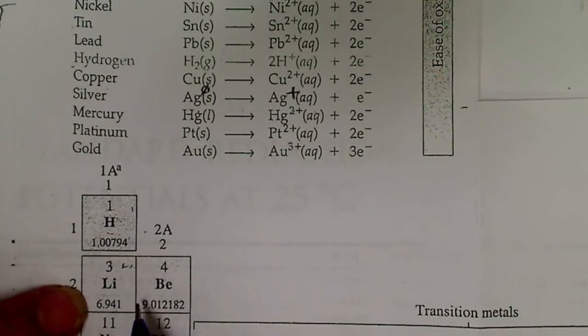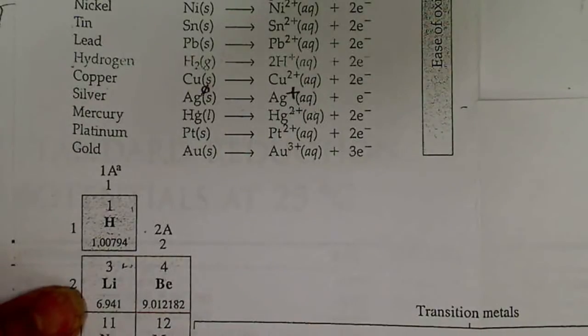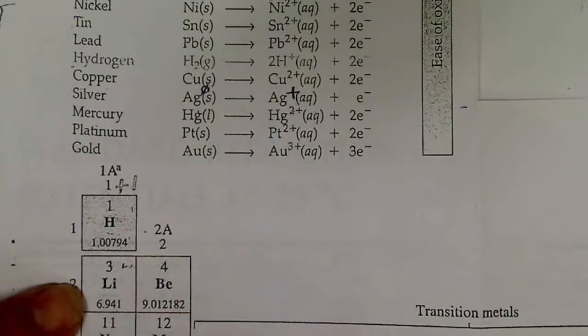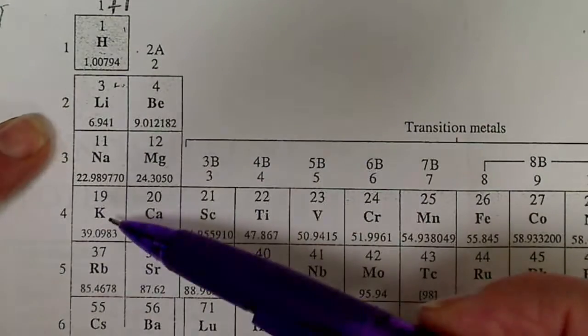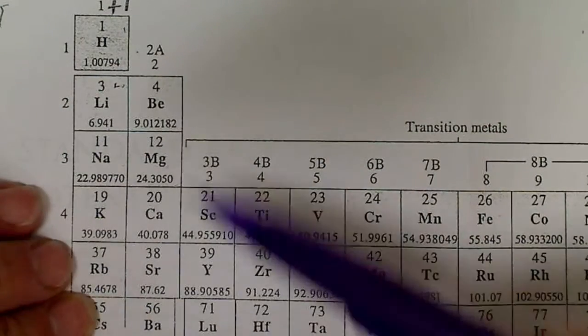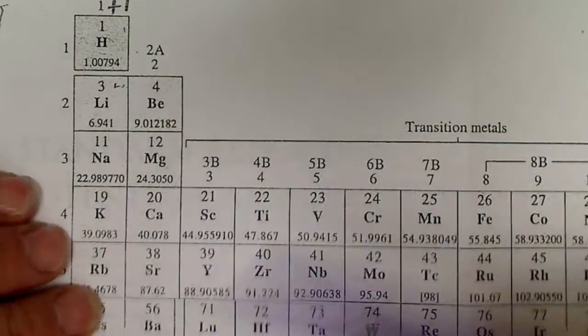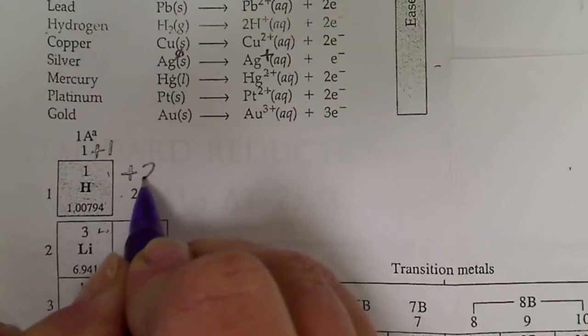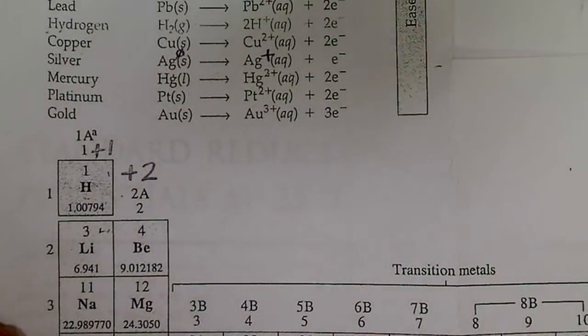So if lithium is around a nonmetal, it's going to lose exactly 1 electron, as is sodium, potassium, and rubidium. If magnesium, calcium, or strontium are in the presence of a nonmetal, then this column will lose 2 electrons, and its charge in a compound would be +2. So metals in the first or second column are very easily oxidized.